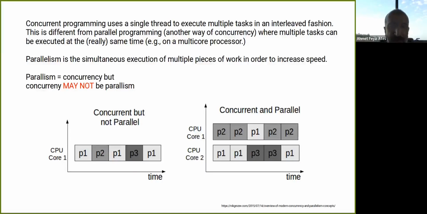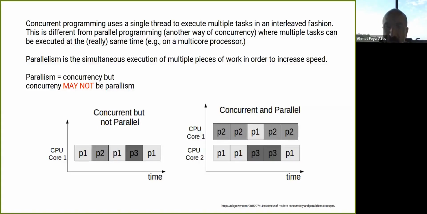In the picture on the left, there is a single core CPU with one thread executing different tasks. But in the second picture on the right, we have two cores, so we are making parallel processing.